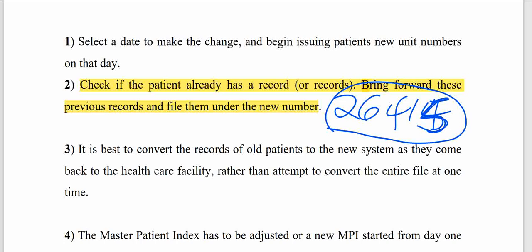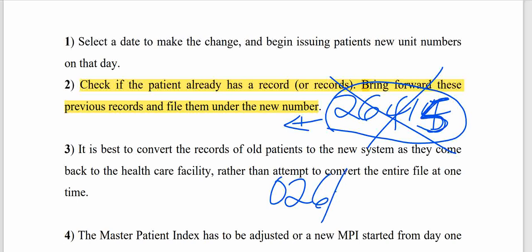Now, if this one was actually a new number given to a new patient today, which means it's a new number and this patient does not have any records with us. It's just starting. But if we have a number 2026, then 2642414, this is the unit, right? And then we are changing.